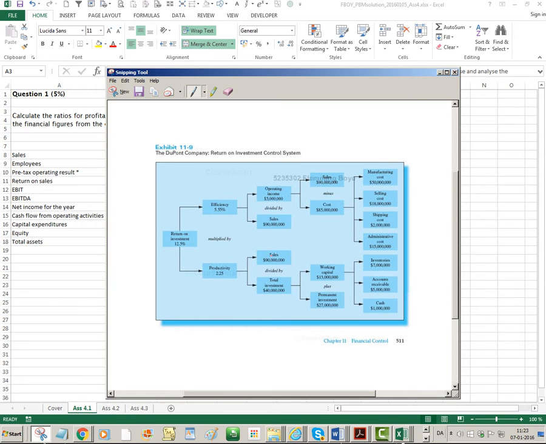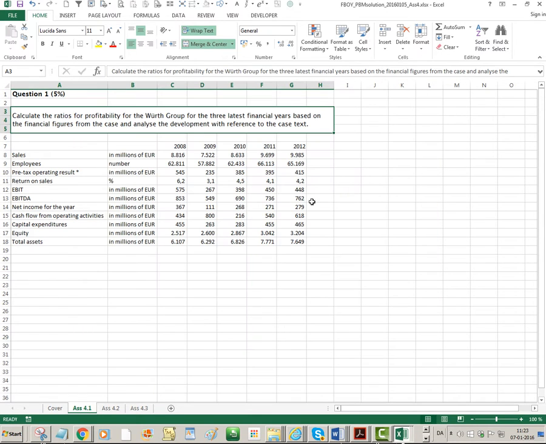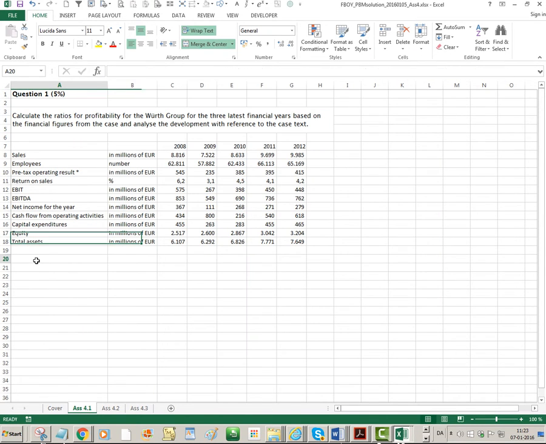How do they define that? It's sales and total investment. I would understand this as total assets, so this would actually be what we called the asset turnover ratio. So return on investment, return on sales, and asset turnover ratio would be 3 of the ones here. And there is a 4th one that's quite important, which I will mention in a moment.